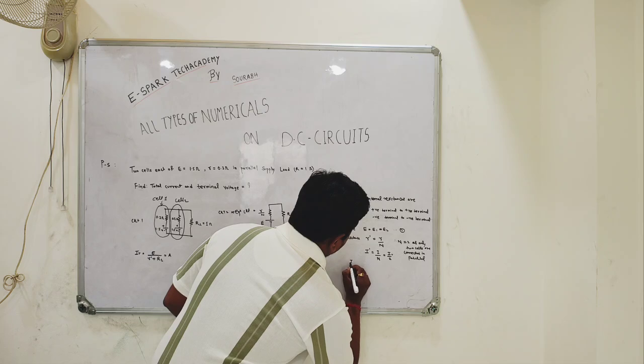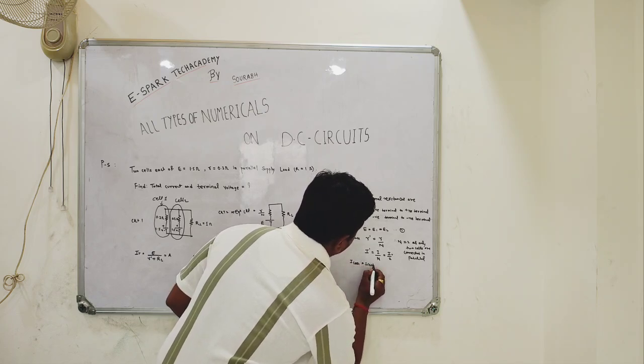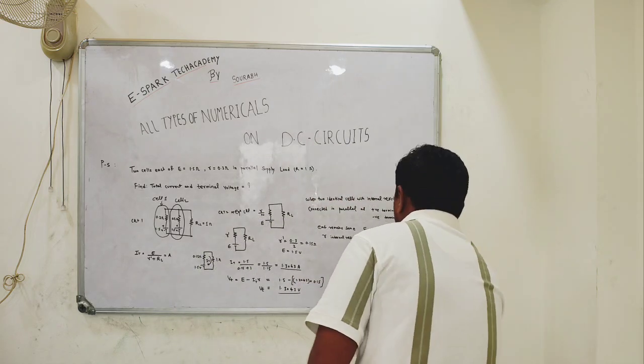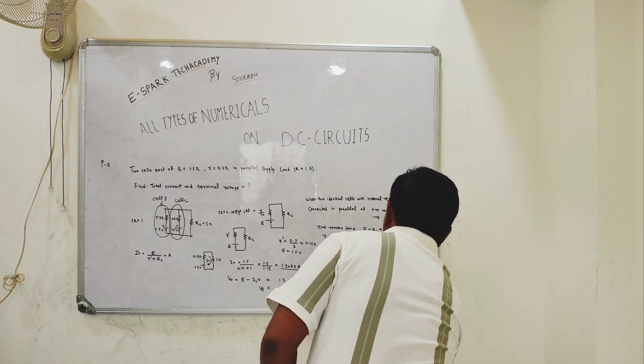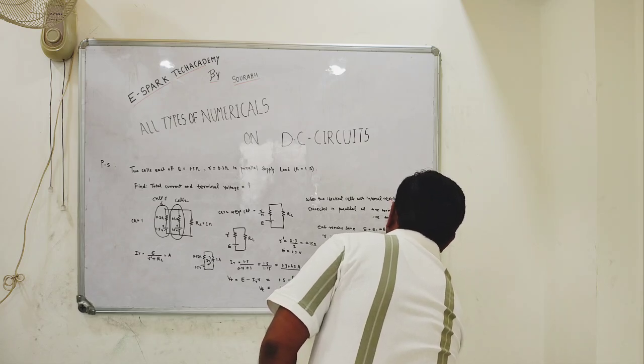Now I cell 1 is equal to I cell 2 is equal to I total, which we have just got as 1.3043 amps divided by 2.